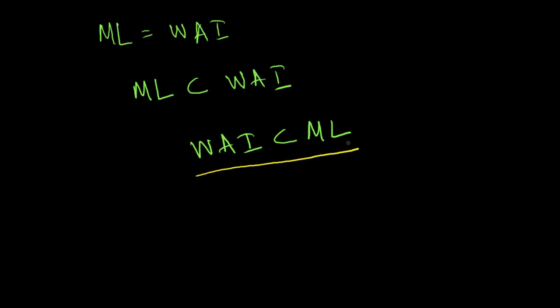So to me, the only option is that weak AI is a subset of machine learning algorithms. So now, the holy grail of machine learning. Earlier, as I said, the holy grail of machine learning was to mimic human behavior, but that has now changed.